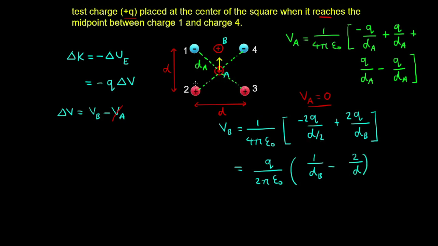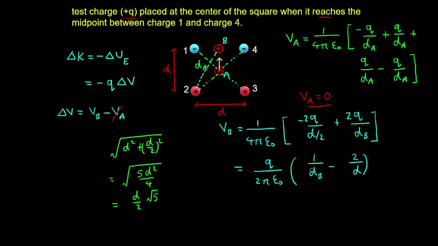So using Pythagoras, this distance to B is going to be the square root of D squared plus D on 2 squared, which is the square root of 5D squared on 4, or D on 2 times the square root of 5.